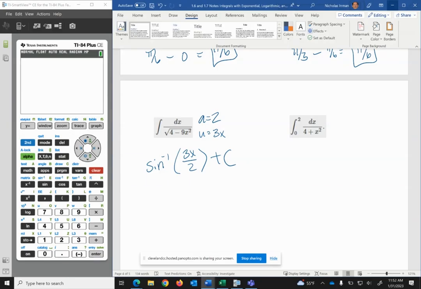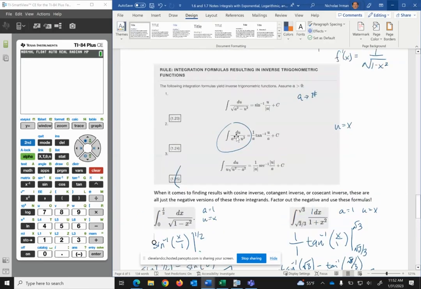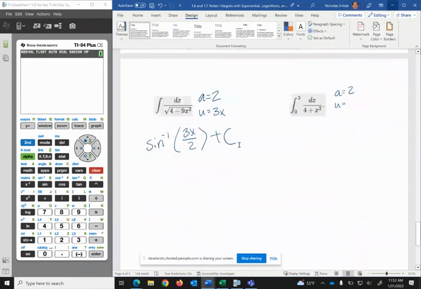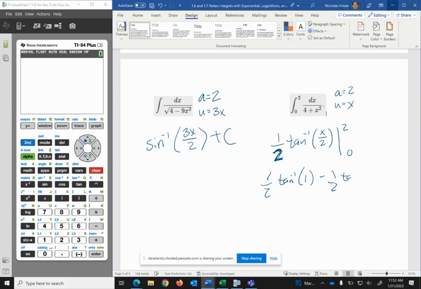All right, the next one looks like our a is 2, our u is just an x, and that's a tangent inverse. So we've got 1 over a tan inverse of x over a, and we want from 2 to 0. 2 over 2 is 1, and 0 over 2 is 0.